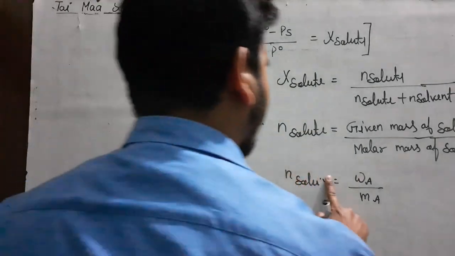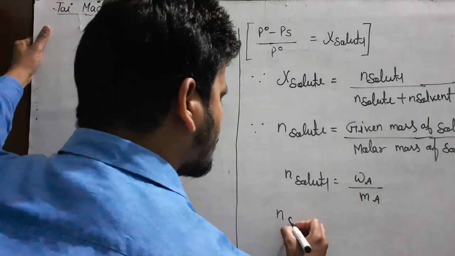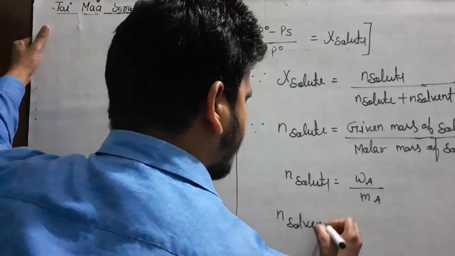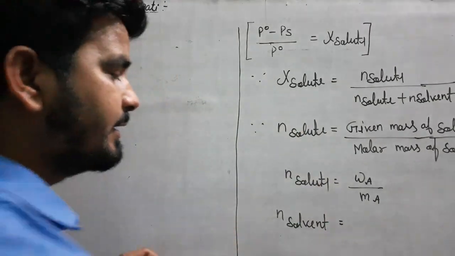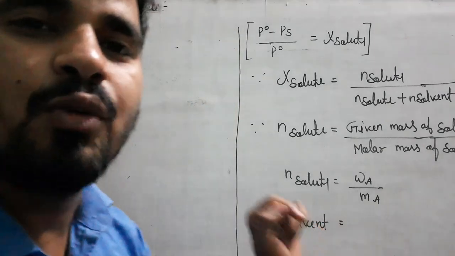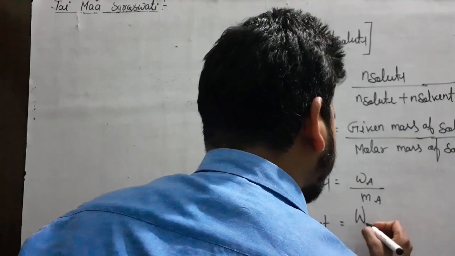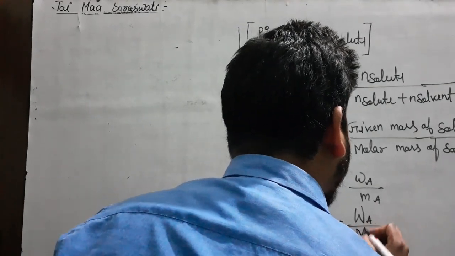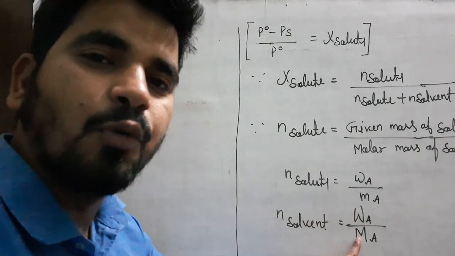And what about n solvent? In the same way, for n solvent, let me use capital letters: capital W A upon capital M A. This is the given mass of solvent over the molar mass of solvent.